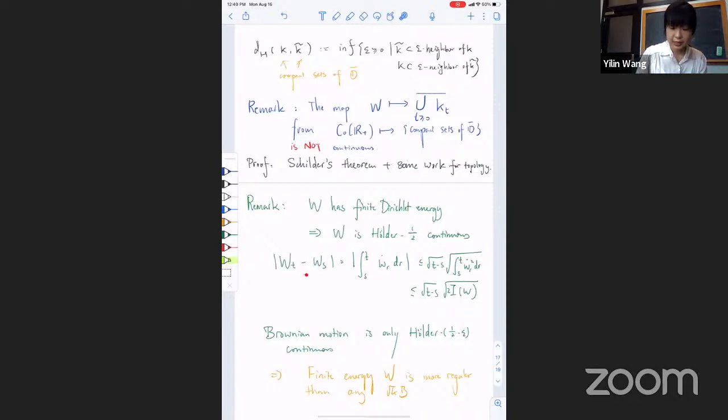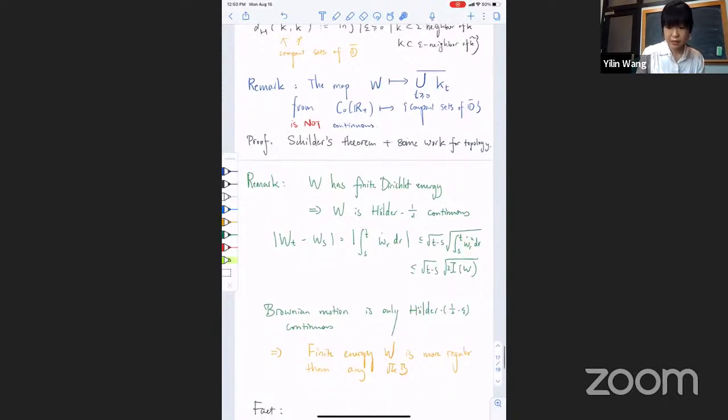To check that, you look at the difference of the driving function, the integral from s to t of the time derivative of the driving function. Then I use Cauchy-Schwarz. It gives me the square root of t minus s multiplied by the square root of the integral of W dot squared, which is bounded by 2 times the Dirichlet energy of W.